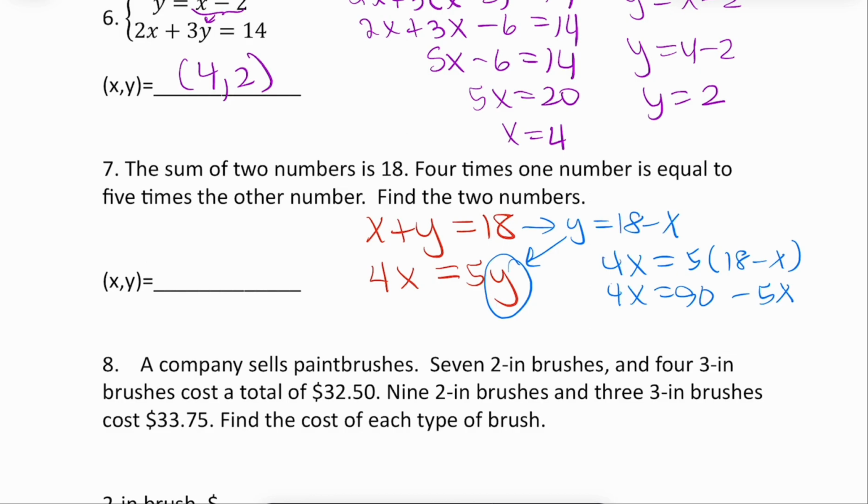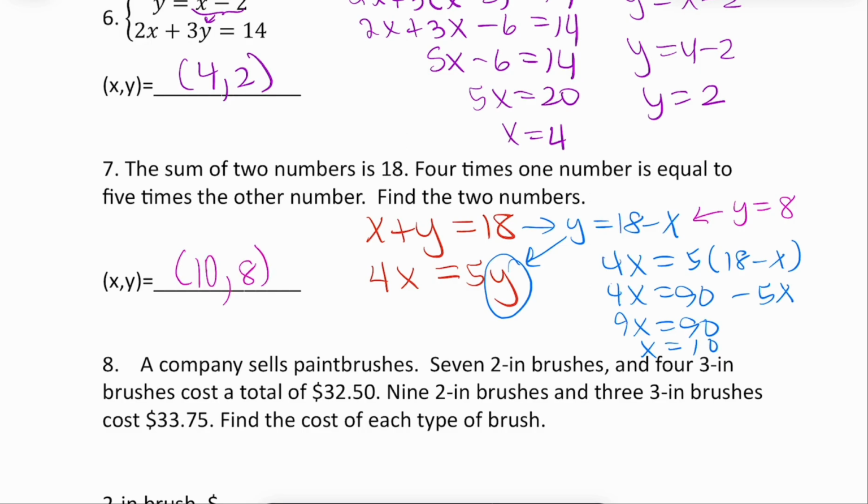And then we're going to add 5x to both sides. So we're going to get 9x equals 90. So x is 10. So you're not done, remember. The sum is 18. So that means if you put the 10 back in here, y is 18 minus 10, or 8. So the numbers are 10 and 8.